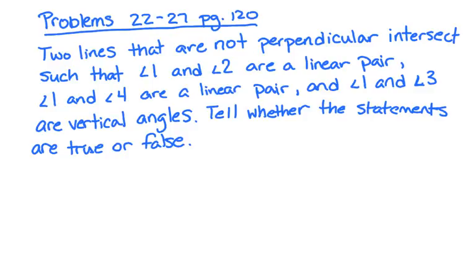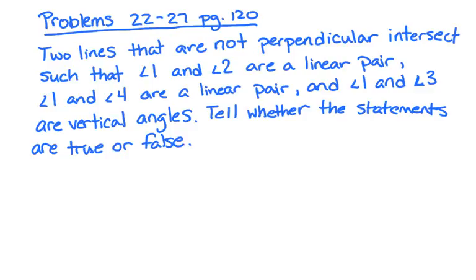So what I would suggest very strongly is to create a drawing from your description. And then that drawing will help you answer your questions, whether they're true or false.